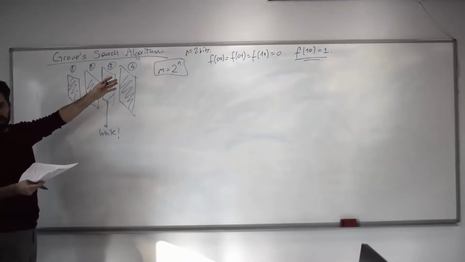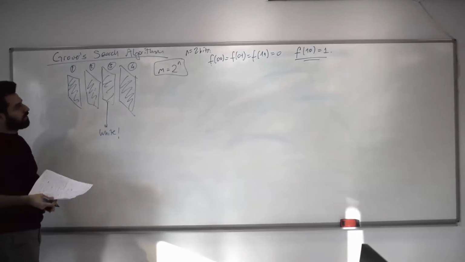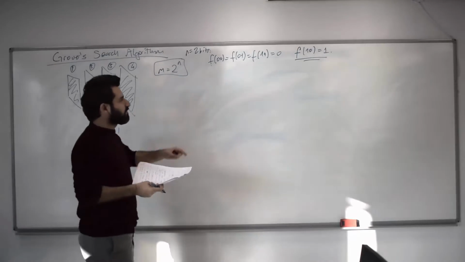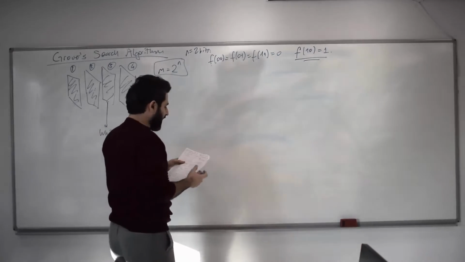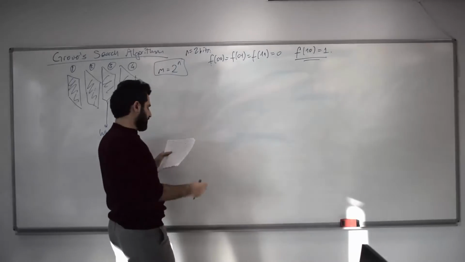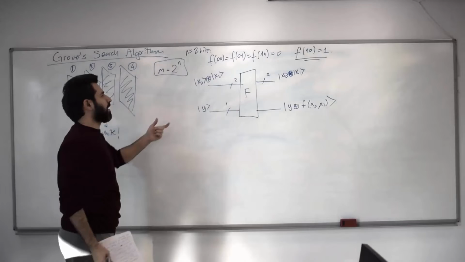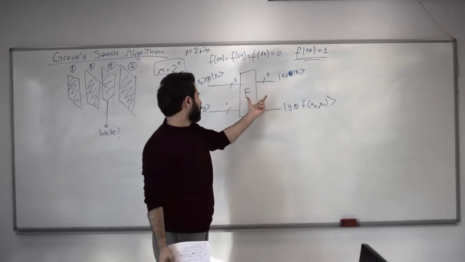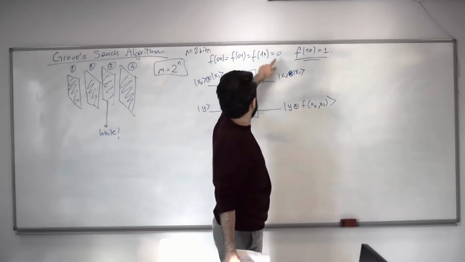It's a function evaluation or picking up cards from a bag of cards. However, this is much more formal because now we define the function itself, and of course the oracle or gate that characterizes this function. We don't know the inside, but we know what happens with this definition.